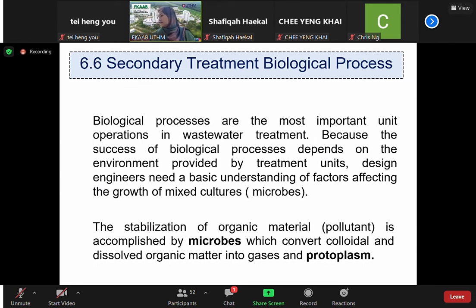Nur Adila, what are your activities that contribute to the wastewater? Quickly, we have another program. Tay Heng Yu. Bathing, okay, correct. What else? The activities you create in your house that contribute to the wastewater.